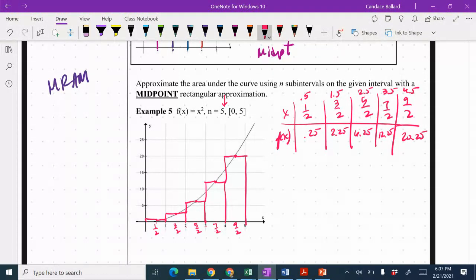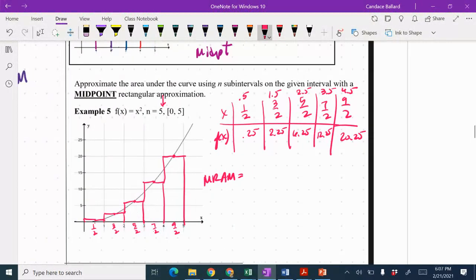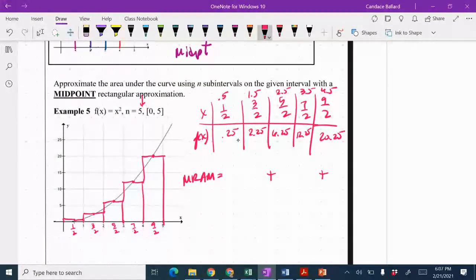So I'm going to set up the MRAM the same way I was doing the others. I know I need 5 subintervals, so I am going to set up for 5. And then I use this height, so it would be 0.25. And then the distance in between is technically the distance here, which is still a value of 1 in this case. Delta Math is probably going to shift that up on you a little bit.